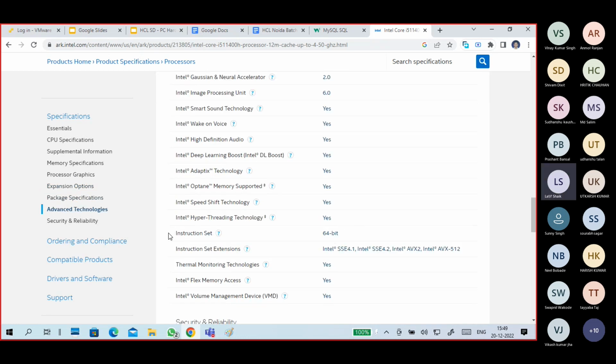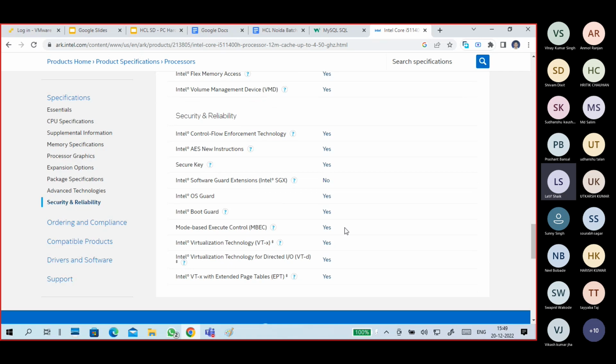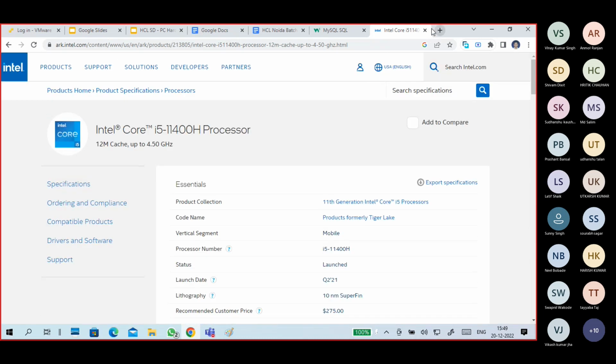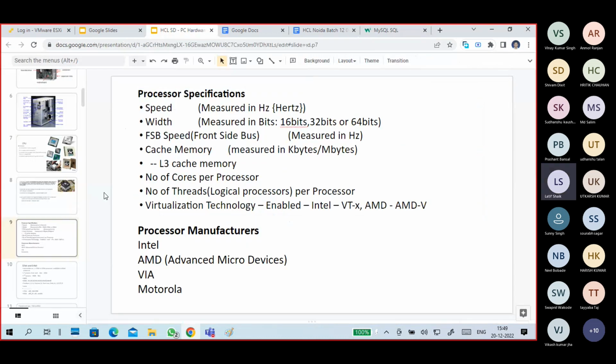The instruction set is 64-bit, which means it is a 64-bit processor. Virtualization technology is also supported. Here you see the speed of the processor and the bit width, 32-bit or 64-bit.